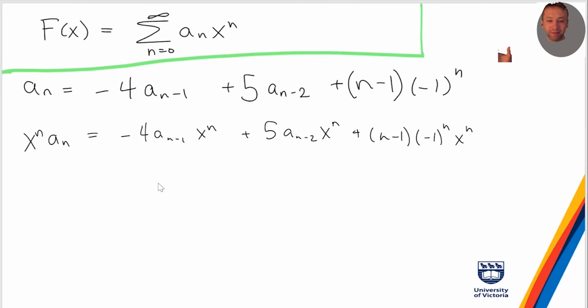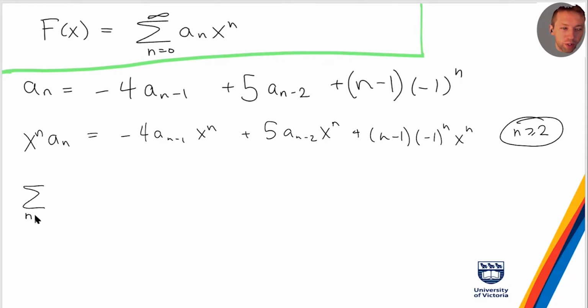First I need to make a sum, but this was valid for n at least 2. So I'm going to sum this up over all n at least 2, because I can't do 1 or 0, but I can do everything at least 2. So I sum it all up, which is basically the same thing I had before.